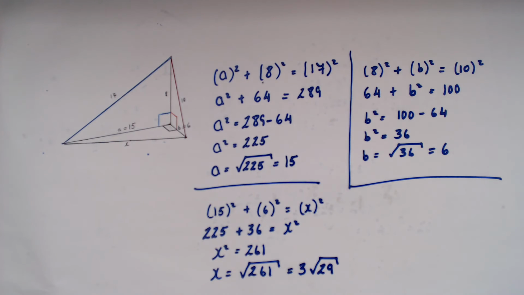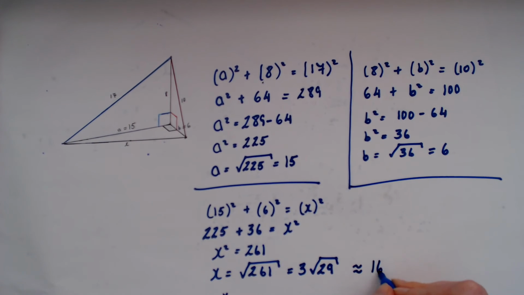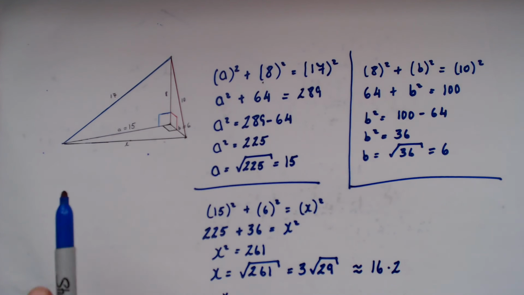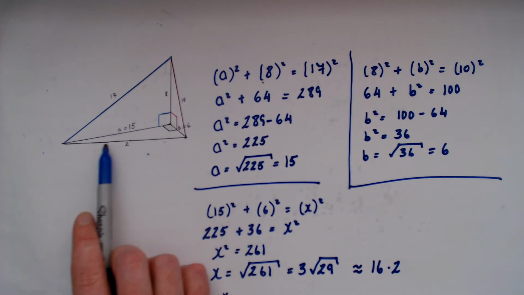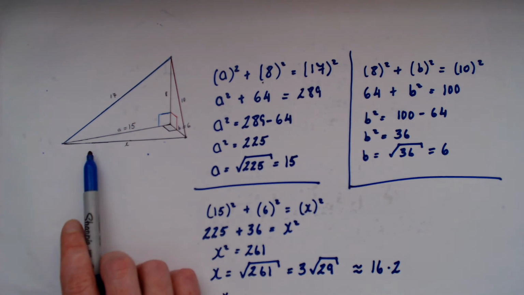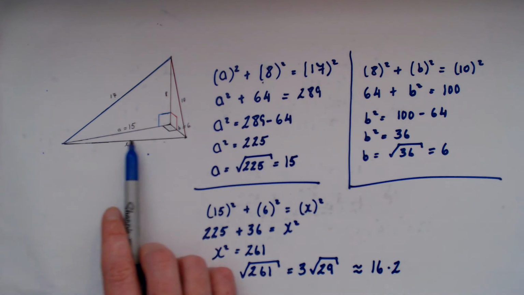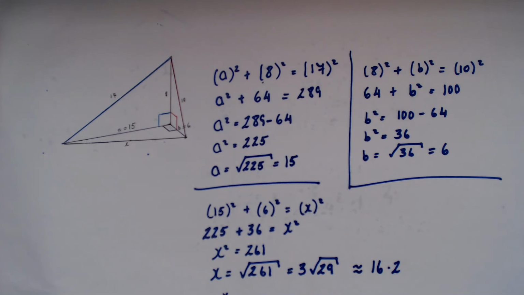So 3 root 29 is my answer. That gives me a value of x, which is approximately 16.2. Just checking my values, here I have 15, here I have 6, so 16.2 is a reasonable answer. And I'm happy that I haven't made a mistake.